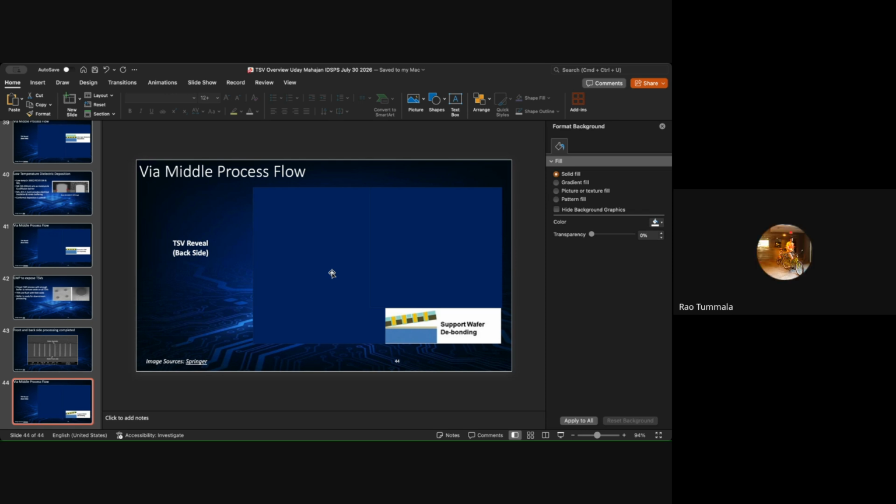From my perspective, TSVs have been developed and have been in production for a long time. But we want to learn and apply these techniques to make what we call TGVs, through glass vias, or through package vias, very small, for similar reasons, with similar processes and somewhat similar materials, on a large panel.